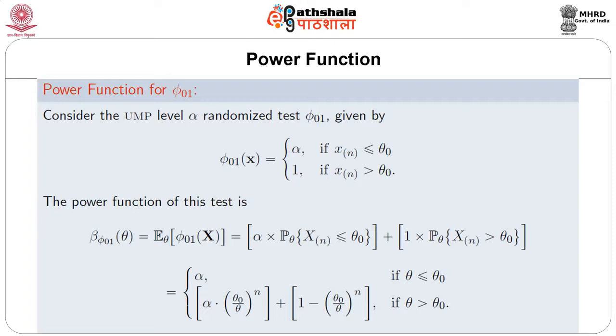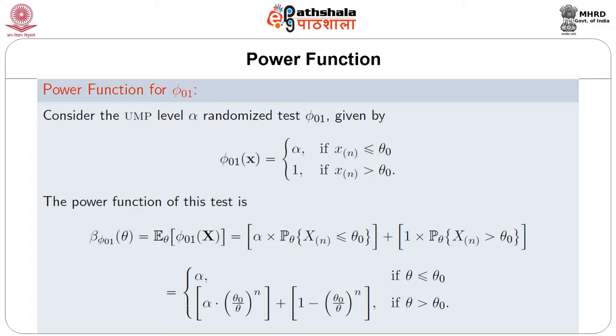So theta is a value under the alternative, and we have the power function for different values of theta. This is a function of theta, for theta less than or equal to theta naught and for theta greater than theta naught, and for theta greater than theta naught, this is the power at theta.